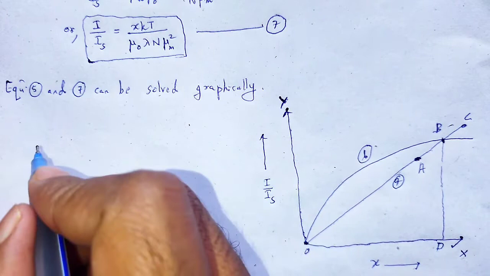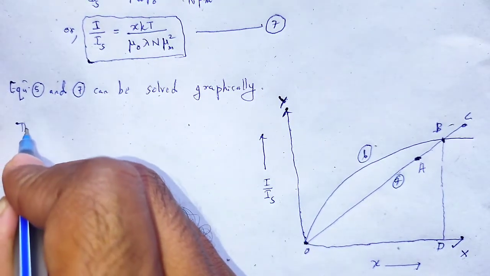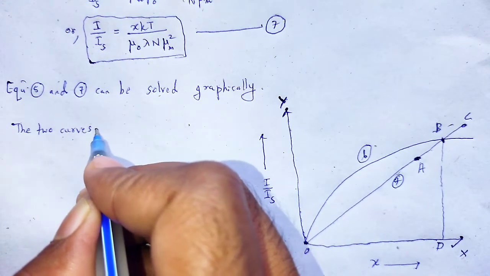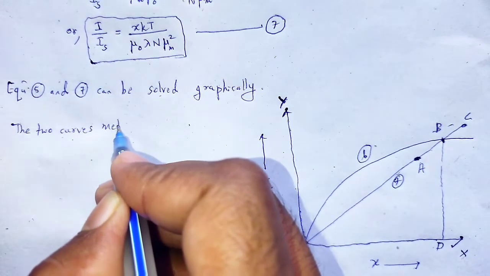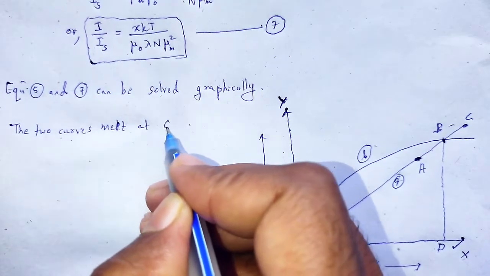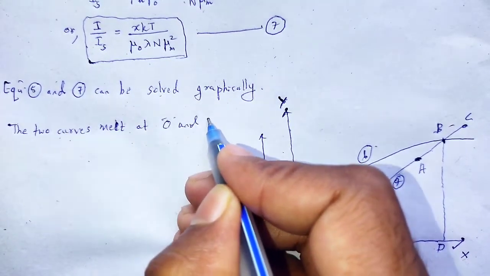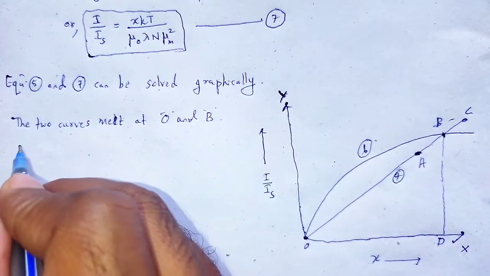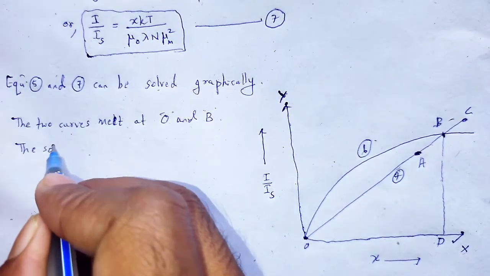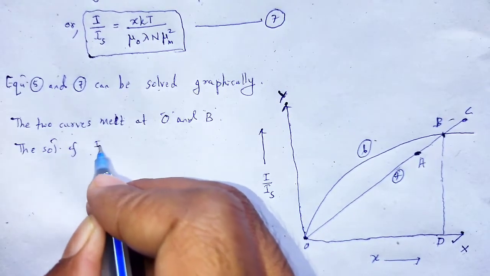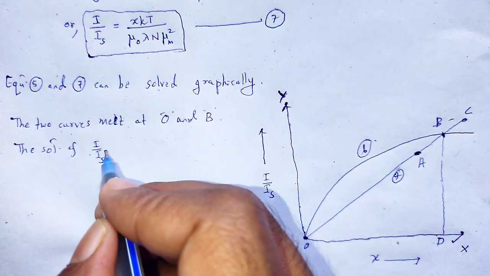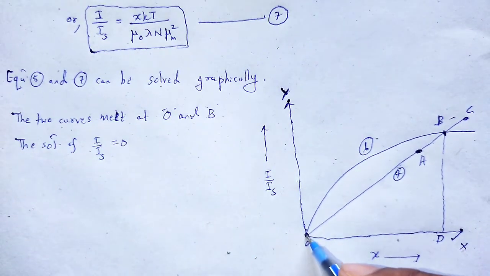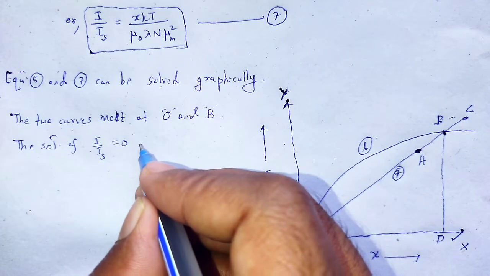These two curves meet at O and B. The solution of I by Is is 0 if we take that point, but that is not true.